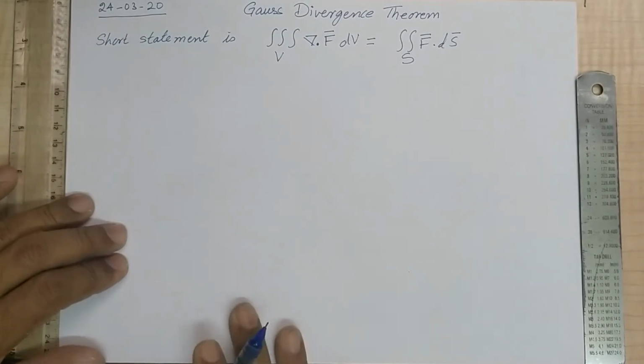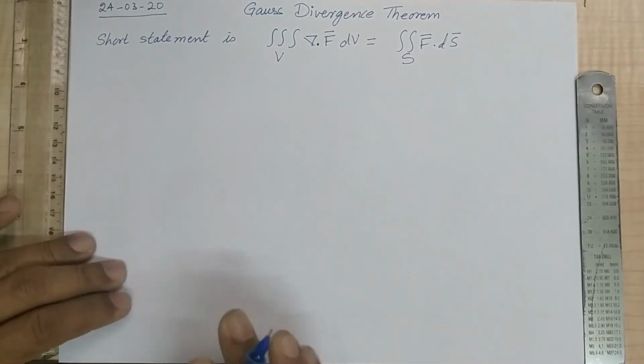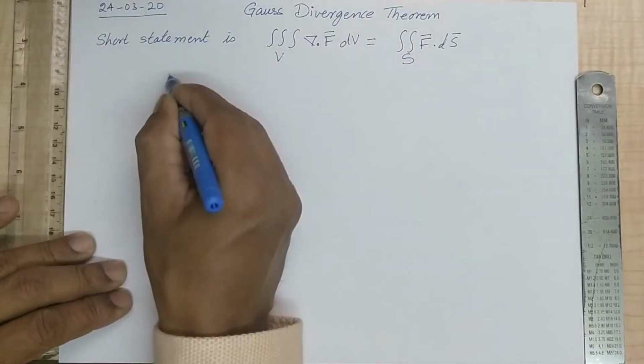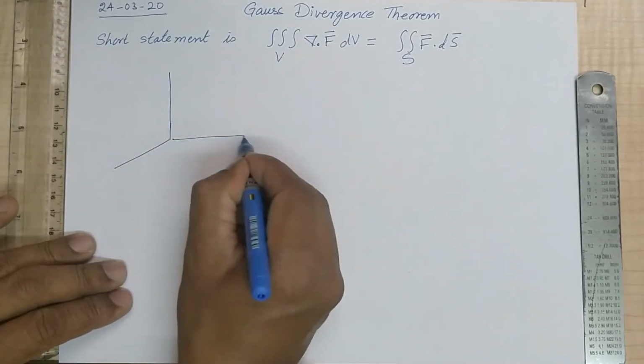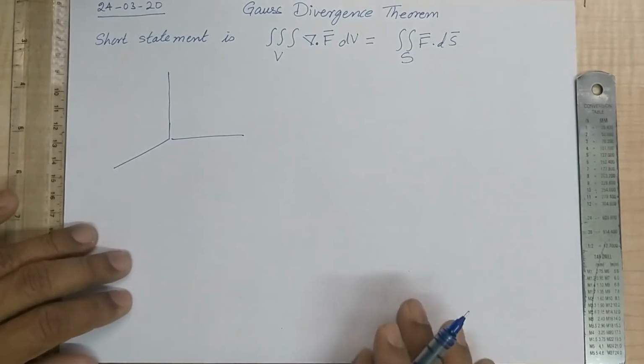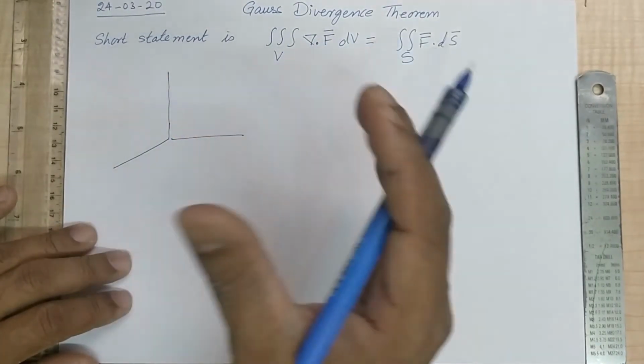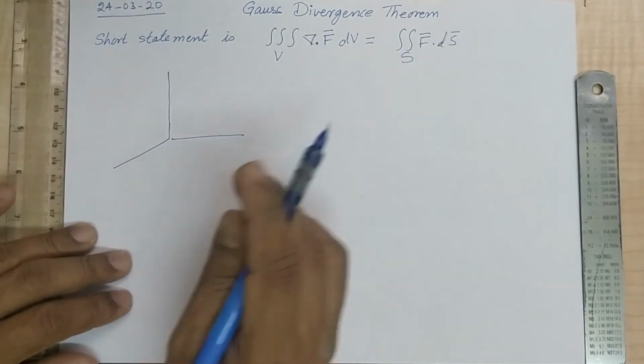Let us try to understand this. V is a region of the three-dimensional space whose boundary is S.